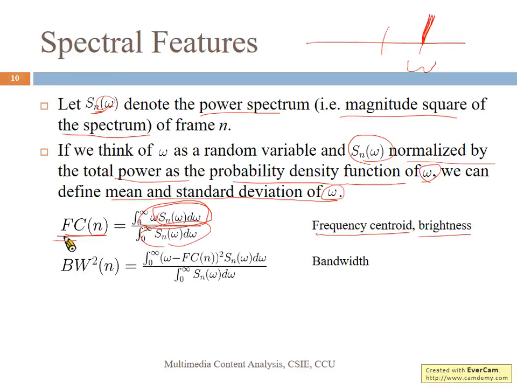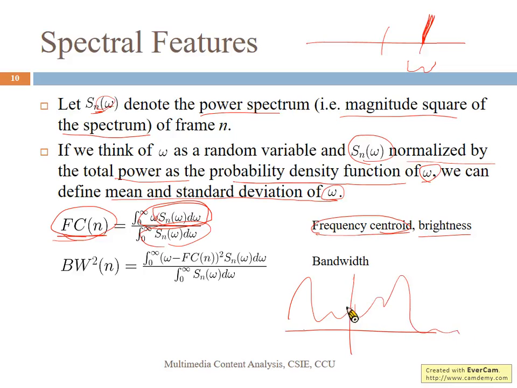Therefore, Fc means the average frequency of the audio frame, the frequency centroid. If there is a spectrum like this, then the frequency centroid may be around here.